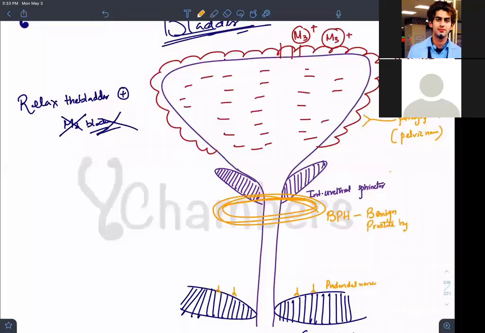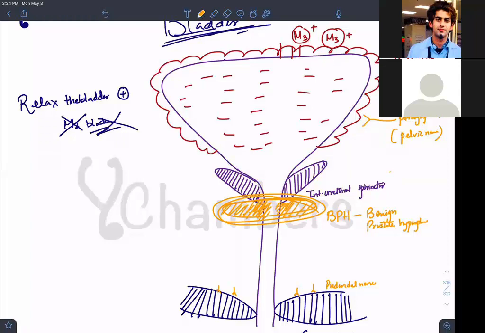In benign prostate hyperplasia, I am having an enlargement of the prostate. Will it block the urethra, the prostatic urethra? Yes, it will block the prostatic urethra.